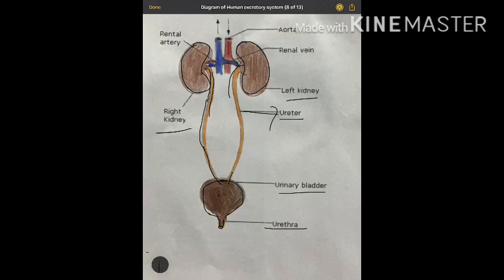All these waste materials and the excess salt are mixed up in water, and urine is formed in the kidney, and this urine passes out from the kidney. From the kidney it goes to the ureter, and from the ureter it goes to the urinary bladder, where it is stored, and after 3-4 hours, when the bladder gets filled completely, it comes out through the urethra, a tubular structure.